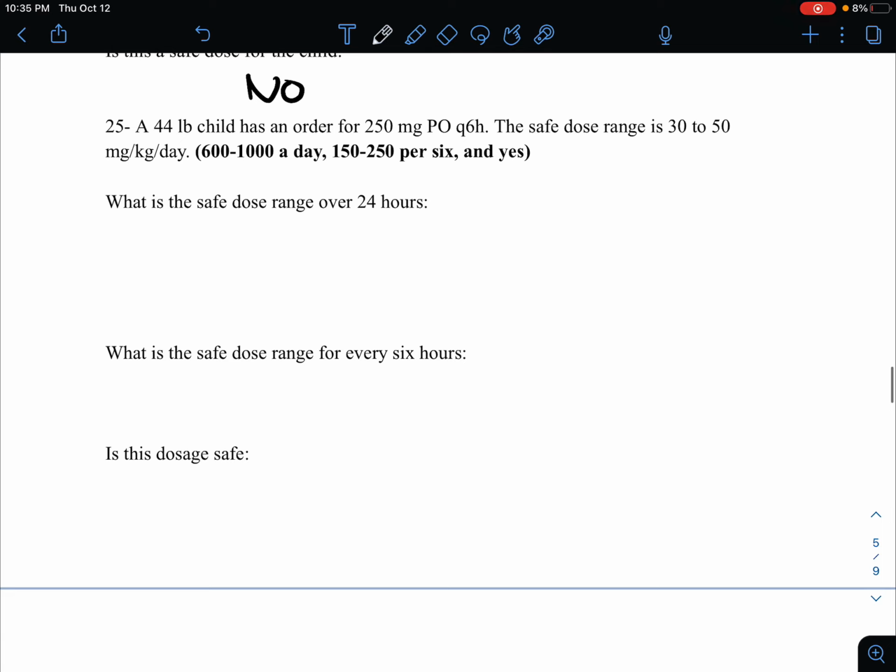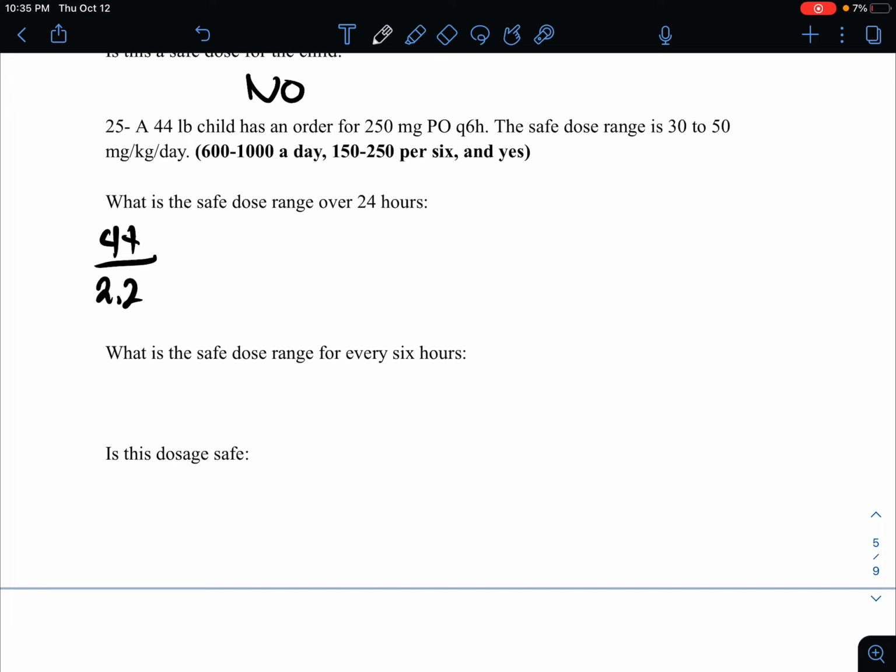Okay, it's kind of the same thing here. A 44-pound child has an order for 250 milligrams every 6 hours. The safe dose range is 30 to 50 milligrams a kilogram a day. What is the safe dose range over 24 hours? First we have to find their kilogram weight.